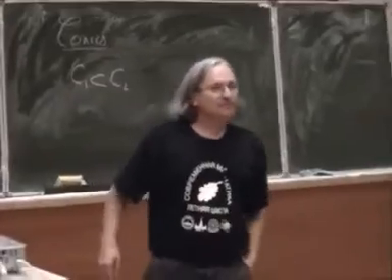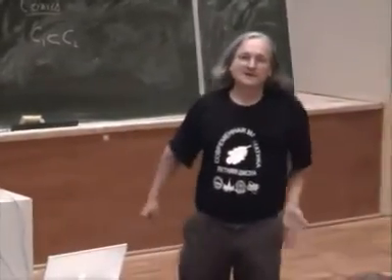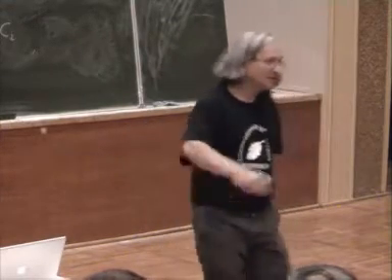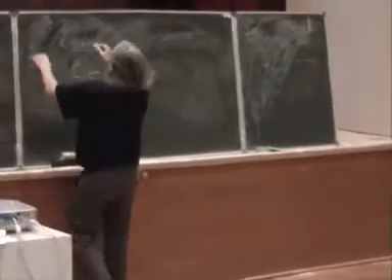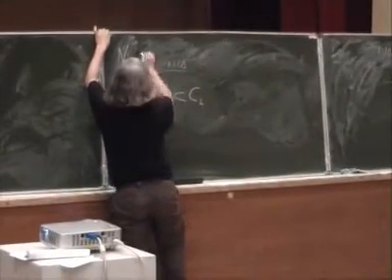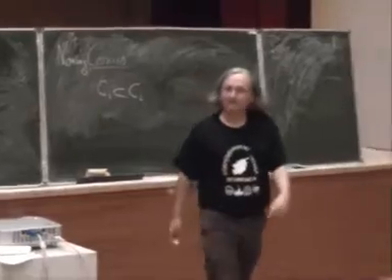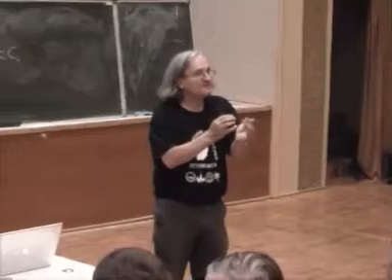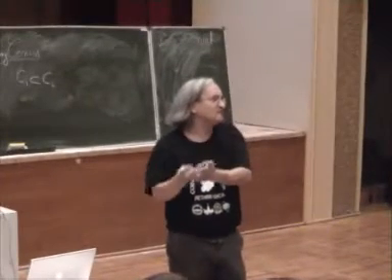Is that clear to you? Is it clear to you that a non-singular conic in the plane has an interior and an exterior? So I say that C1 is smaller than C2 if the interior of C1 is contained in the interior of C2.